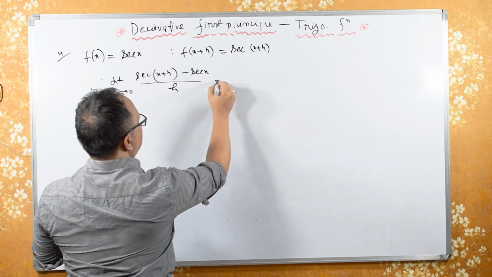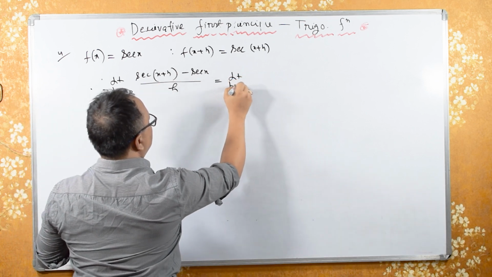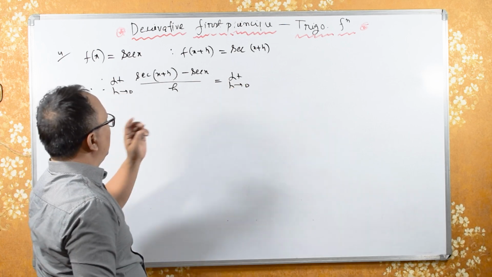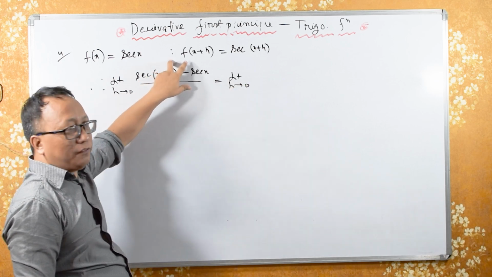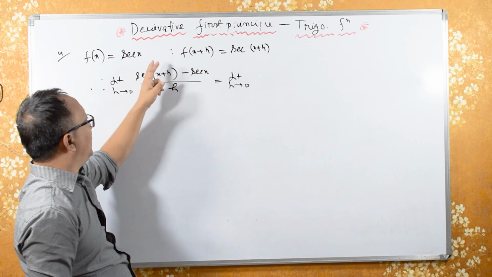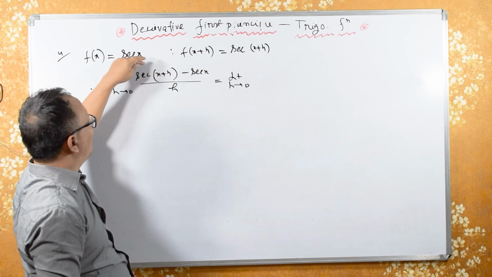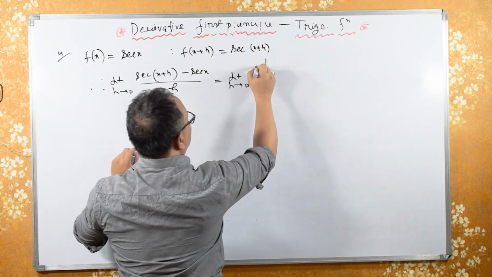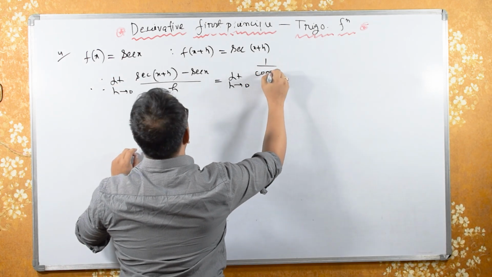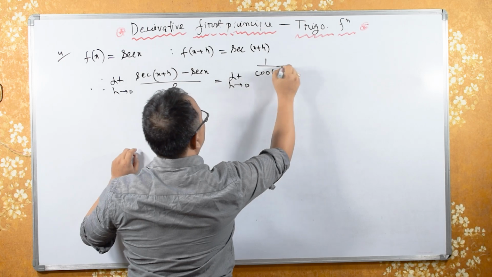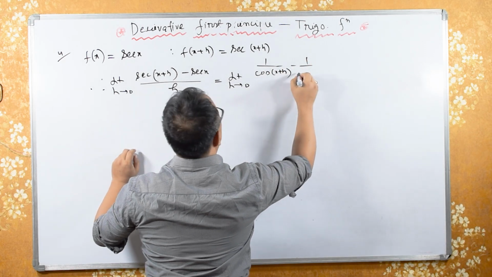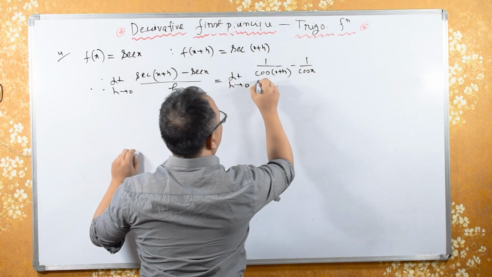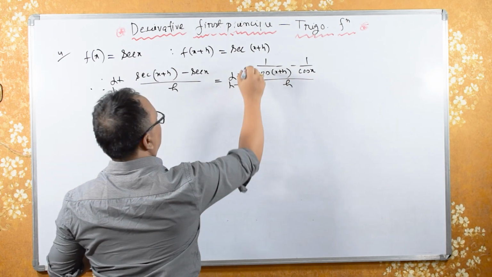This is equal to limit of h tends to 0. Now I told you, whatever the derivative functions, you have to bring it to either sine or cos. So sec x is 1 by cos x. So this is the same as 1 upon cos of x plus h minus 1 upon cos of x, upon h.